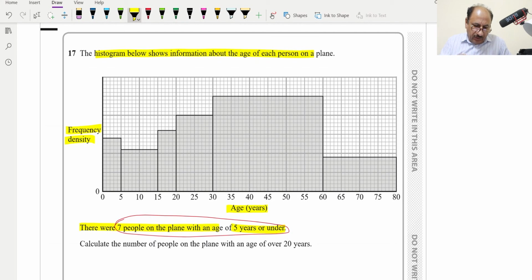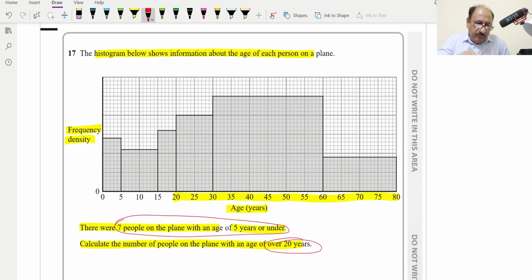So what we have to do, calculate the number of people on the plane with an age of over 20 years. Over 20 years, we have to check for the people who are over 20 years. So 20 years is this one. So from this point onward up to this one, we have to check.